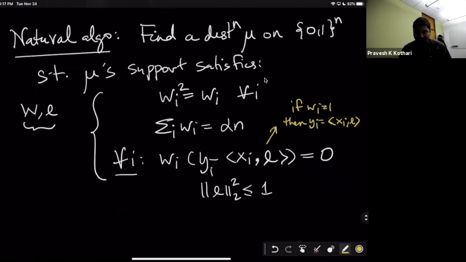Okay. And so what we have discussed so far is that if I find a distribution mu which is supported on W's that satisfy all these constraints, and in addition is max coverage, then we can actually produce a small list.